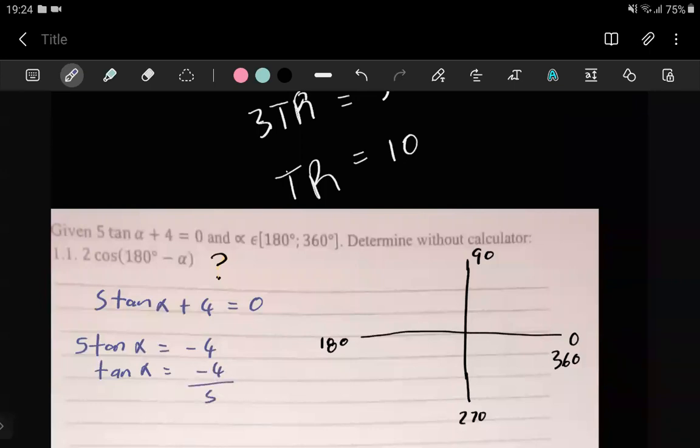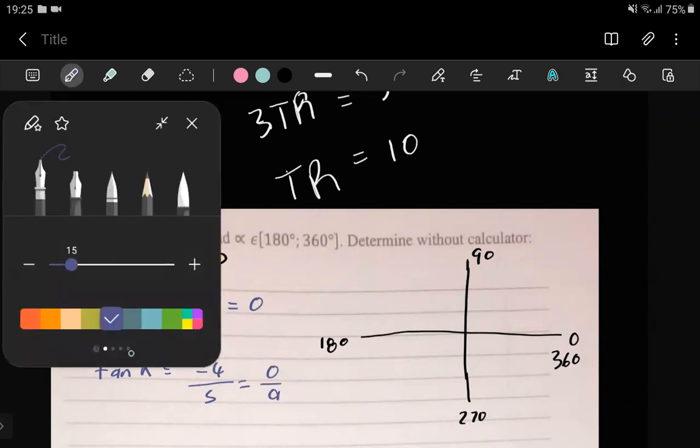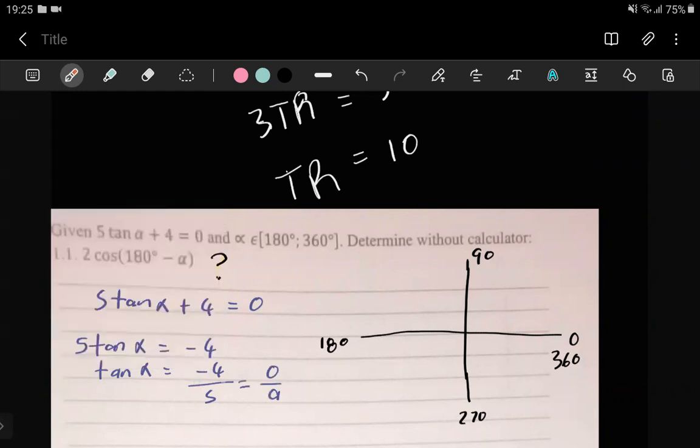So now because you can see that tan alpha is a negative value, this is practically saying opposite over adjacent, because that's the ratio for tan. Remember, sine, cosine, and tan have different ratios. You're seeing that this is a negative value, and you can easily think of it as a sign in front.